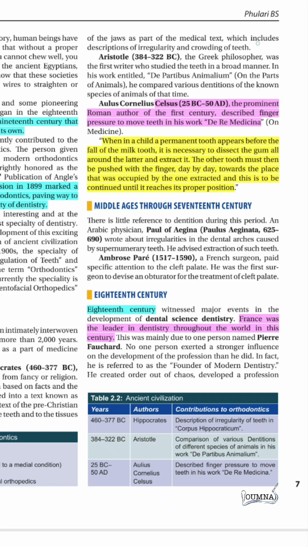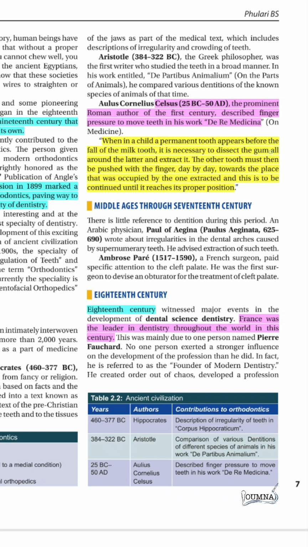Celsus, the author of the 1st century, described finger pressure to move the teeth in his work. He said, when in a child a permanent tooth appears before the fall of the milk tooth, it is necessary to dissect the gum all around the latter and extract it.